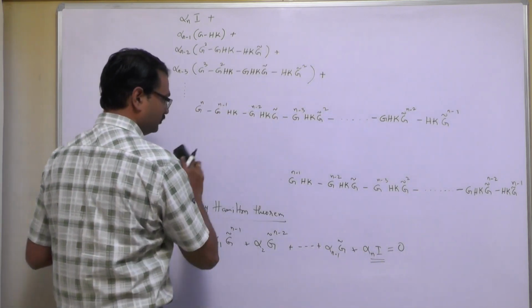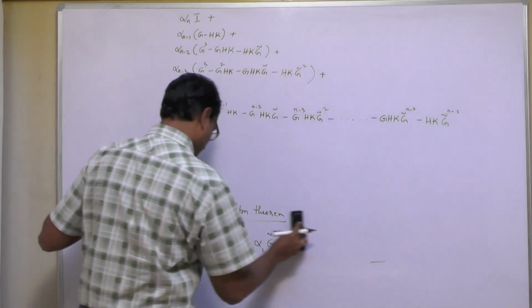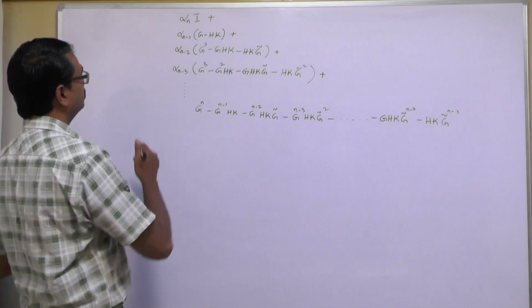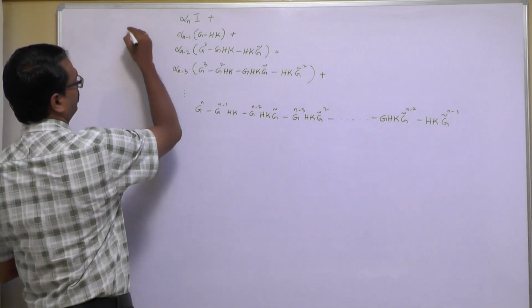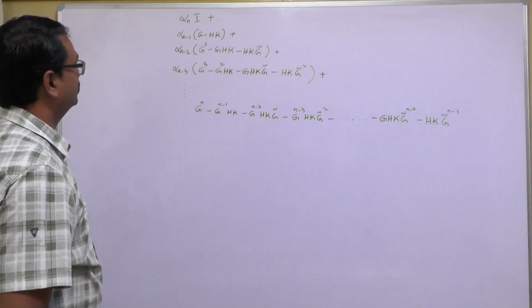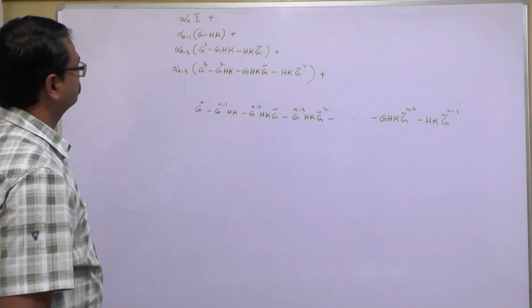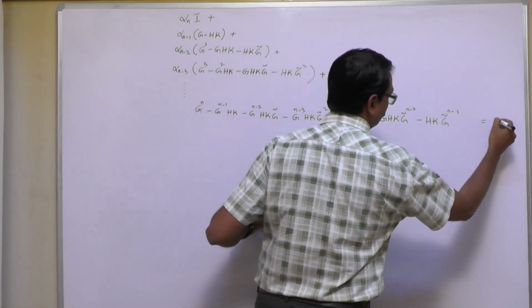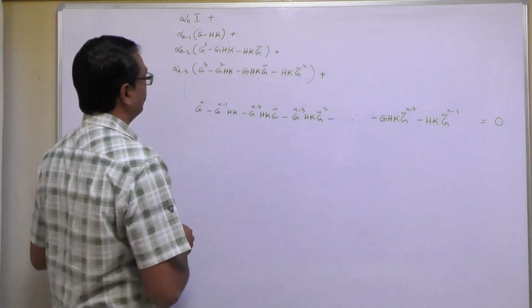So this is what we have obtained in this Cayley-Hamilton using this. Now this is our characteristic equation which we got, which is equal to 0. Sum of all is equal to 0.